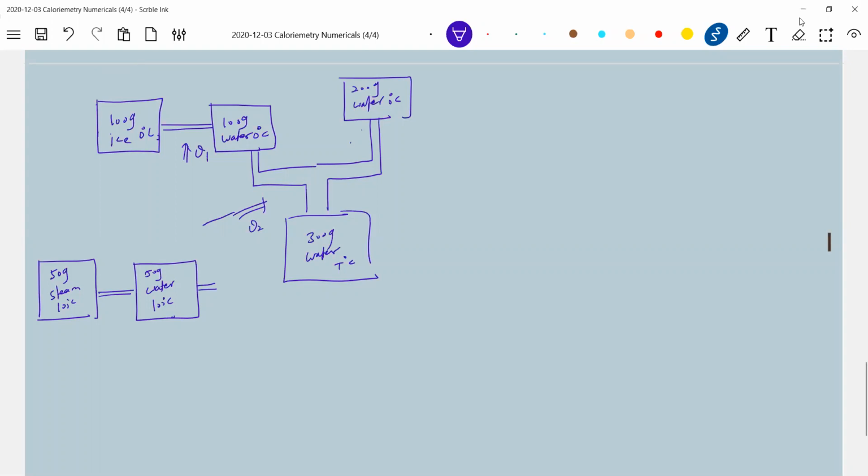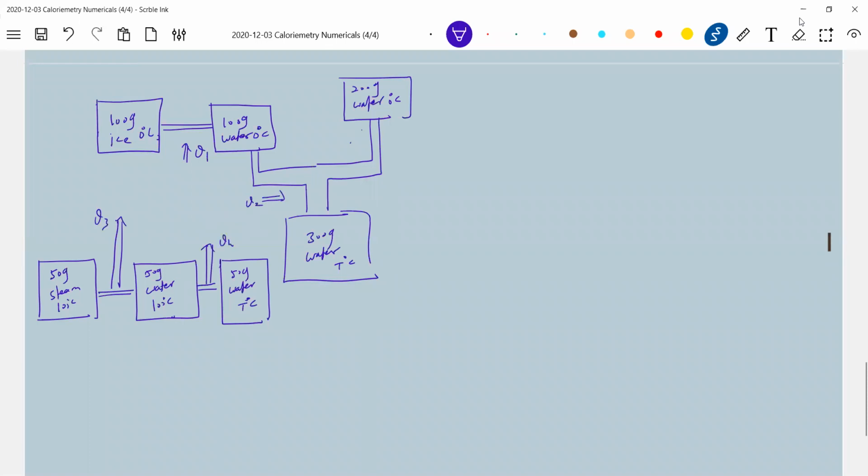Then finally, what is the amount of heat available here? Q3 is available. Here Q4 is available.